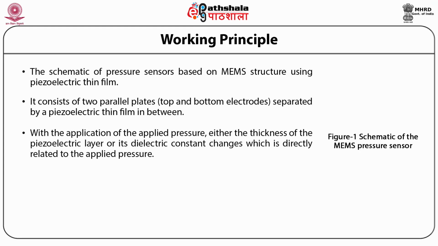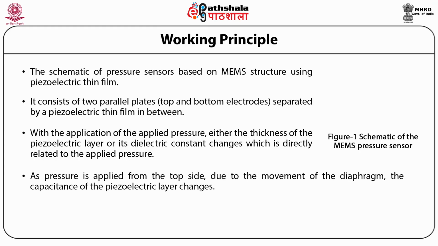With the application of pressure, either the thickness of the piezoelectric layer or the dielectric constant changes, which is directly related to the applied pressure. The schematic gives the design of the pressure sensor based on change in dielectric constant of the piezoelectric layer on application of pressure.